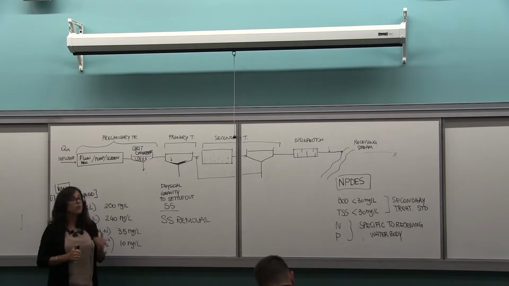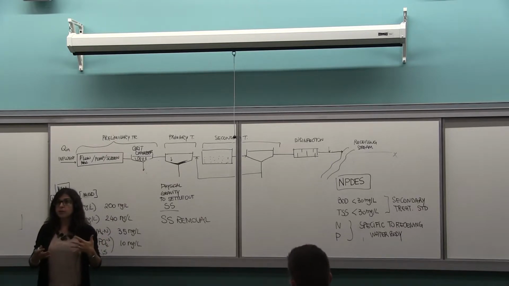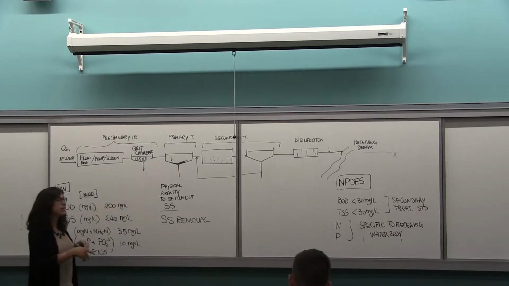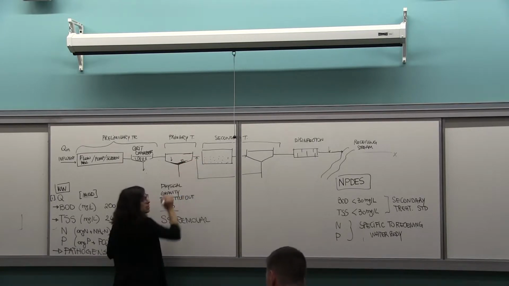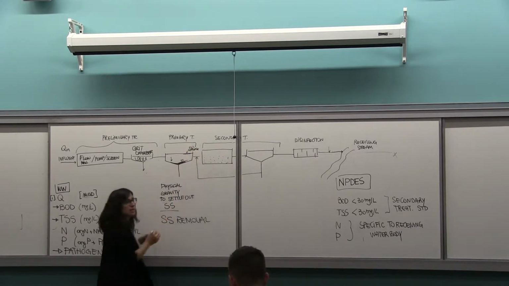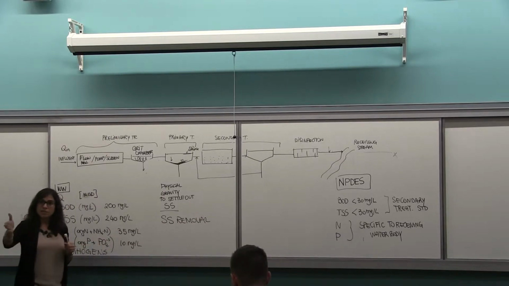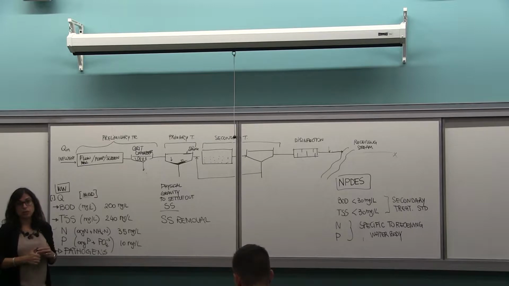We can also remove something else here. Floatables, like grease and oil, will float to the top in the sedimentation basin. So I'm going to have suspended solids at the bottom and grease and oil at the top. We have a skimmer that can remove the oil and grease at the top.